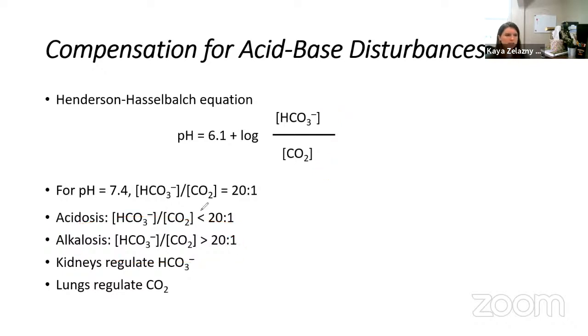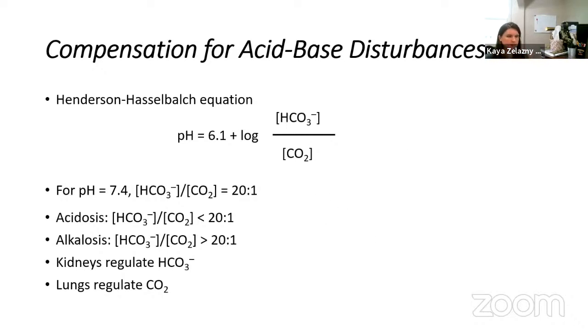And so the kidneys and the lungs are regulating basically two different pieces of this. Our kidneys and our renal system are responsible for the bicarbonate part, and our lungs, the respiratory system, are responsible for the carbon dioxide part. So when we pull together these two concepts, we can think about where the problem is and which system is going to fix it, right?